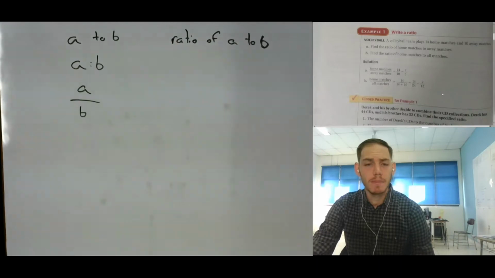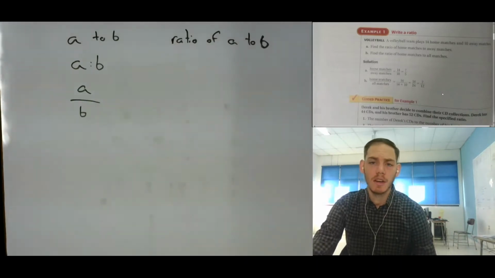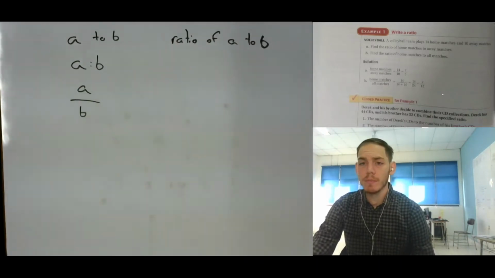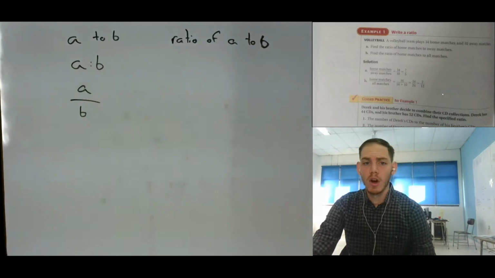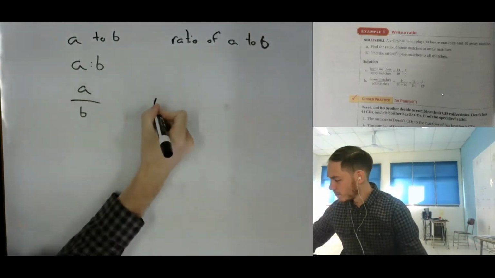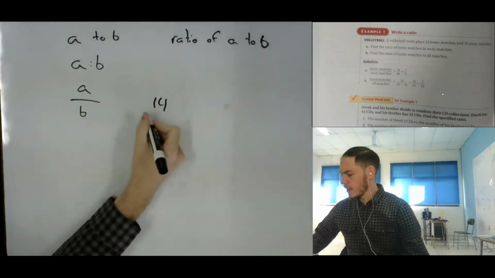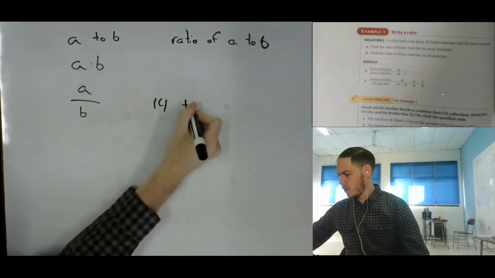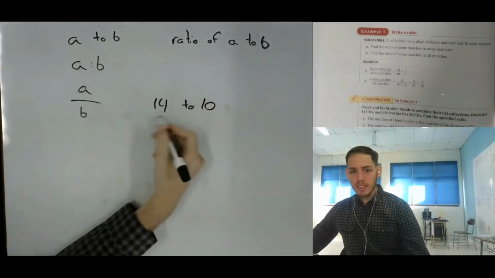Okay, let's look at an example. The volleyball team plays 14 home matches and 10 away matches. Find the ratio of home matches to away matches. Home matches is 14, away is 10, so 14 to 10. Now, is this the simplest form?